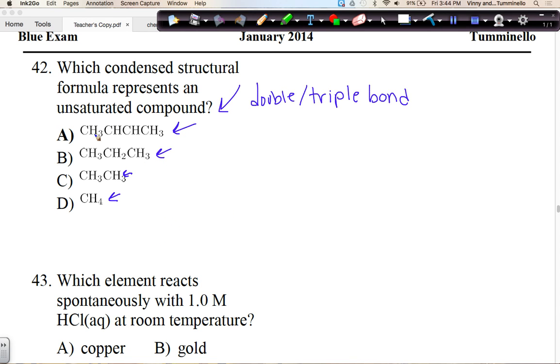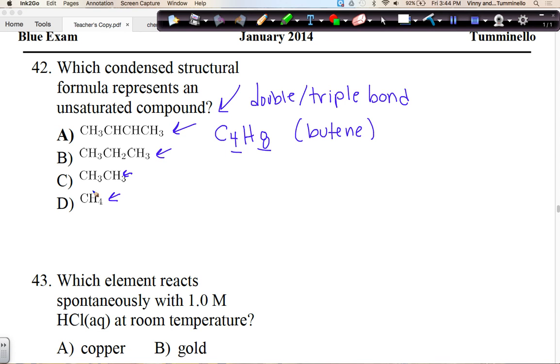So the molecular formula of the first one is C4H8. It's butene. That has a double bond. How did I know? Because 4 doubles to 8. Carbon was 4, hydrogen was 8. When you double the carbons to get the number of hydrogens, you have a double bond.